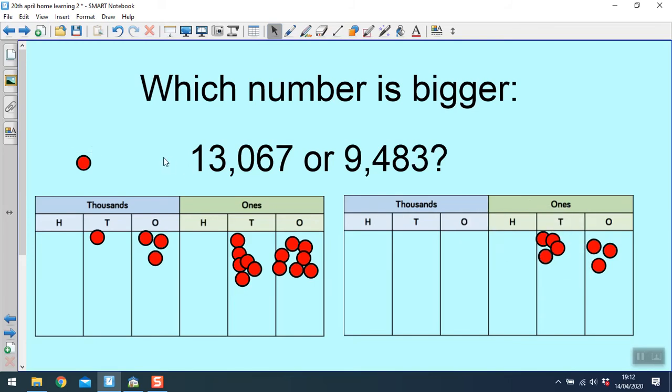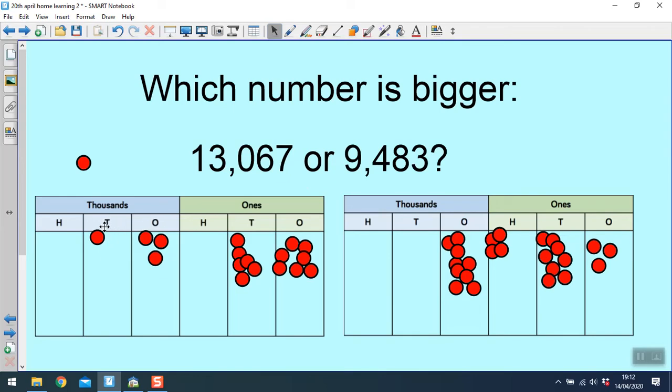I'm starting with my ones because it stops people from making mistakes by putting numbers in the wrong column. 1, 2, 3, 4, 5, 6, 7, 8, 4 in the hundreds, and 9 in the thousands. Five, 6, 7, 8, 9.